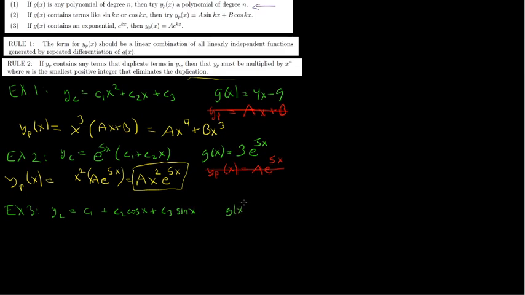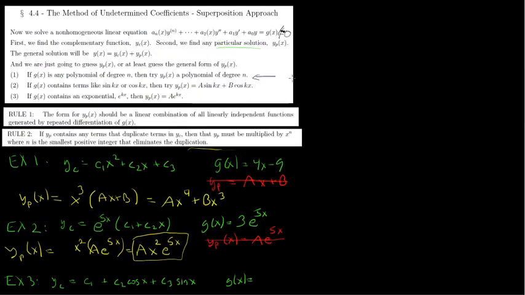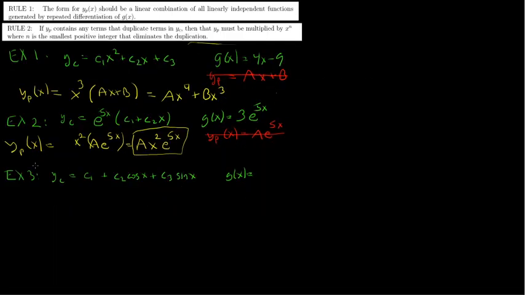And suppose the g of x, the right-hand side of the original equation, which again, we don't know what the original equation is, but at this point it doesn't matter. We're just trying to find the form of the particular solution. All right. So suppose g of x is, let's just do x minus sine x.